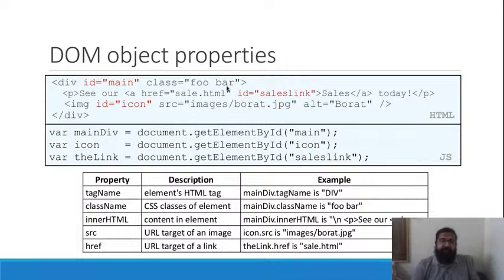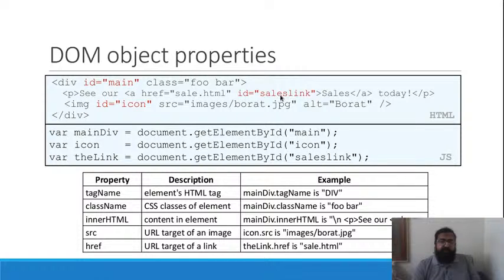So this is an example of HTML and JavaScript. Let's take a look at the JavaScript first, because that's the functional, behavioral part. That's how we read code. So var mainDiv is document.getElementById('main'). This will create an instance of the ID main. Then you have icon and sales link.